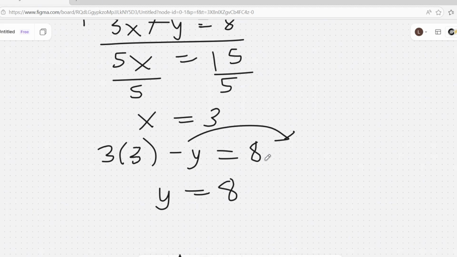And transposing negative 8 on the left side, 3 times 3 is 9, and 8 will be equal to minus 8. So the answer is 9 minus 8 is equal to 1. So our value of y is 1 and x is 3.